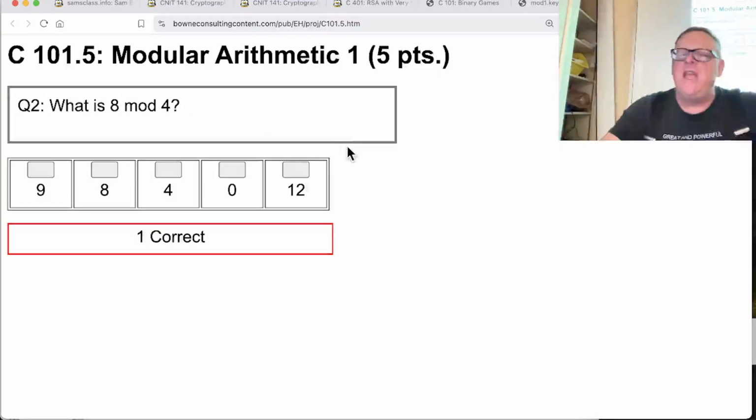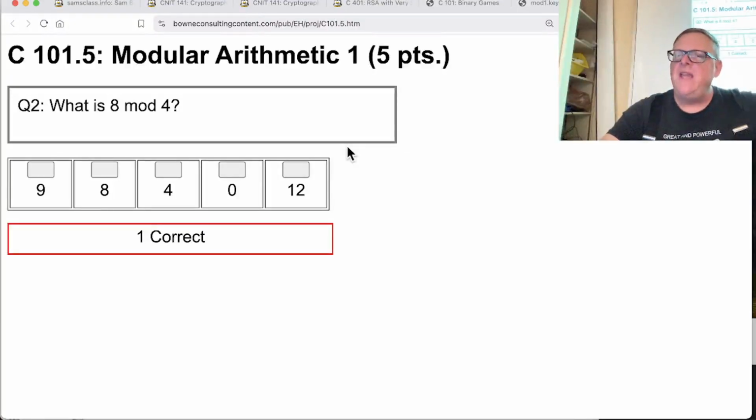Very good. How about 8 mod 4? That's 0, right?